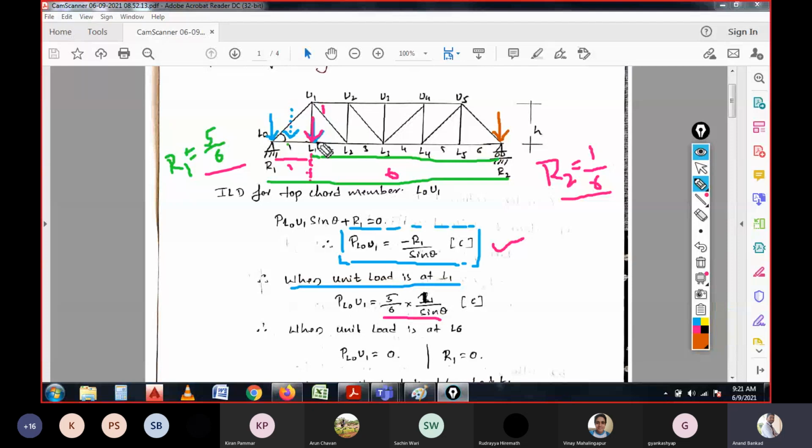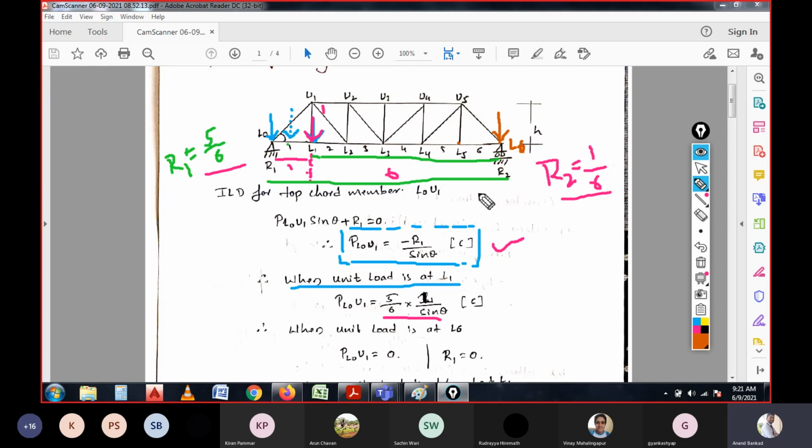This is L6, this is L5, and this is L6. So the unit load is now at this position. Before, we considered it at that point, and now we are considering it at this position. Since the unit load is acting at this position, L6, the R1 value will be 0.